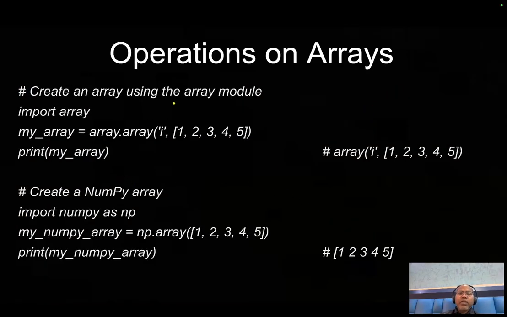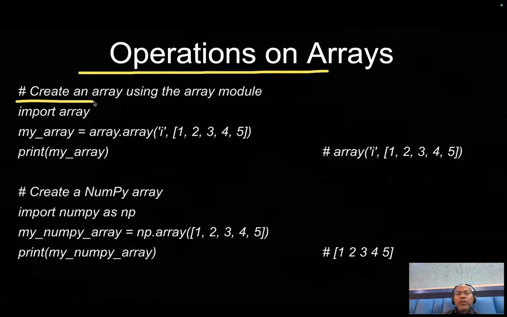Similarly, now you can create an array using the array module. Whenever you are going to use any other module or library in your program, you have to tell the Python interpreter that you are going to use a new library or module.